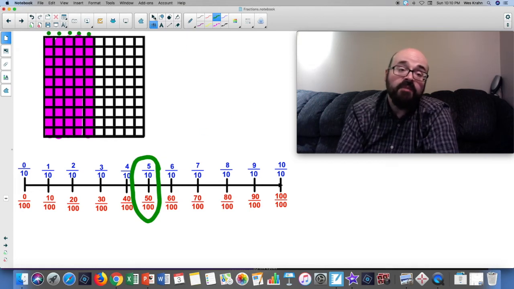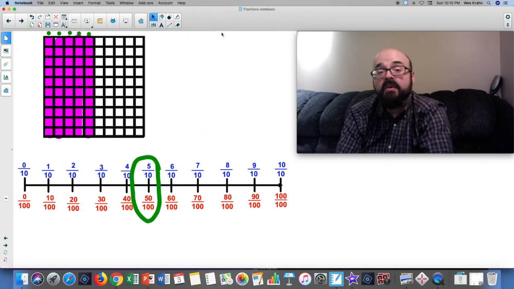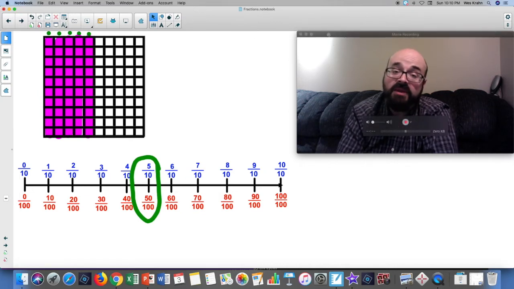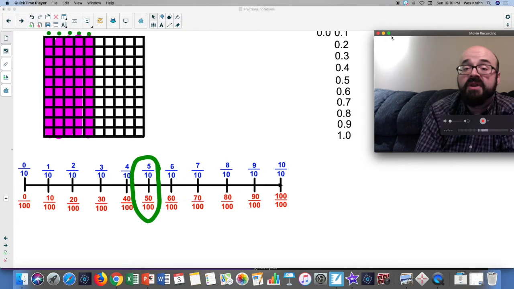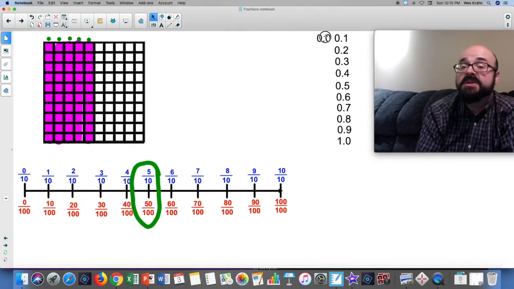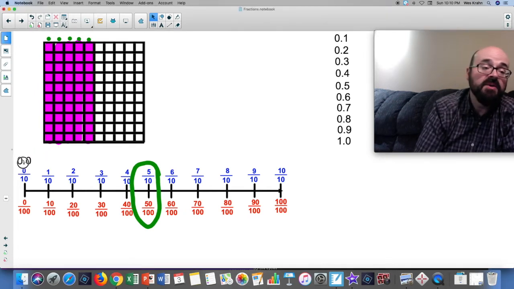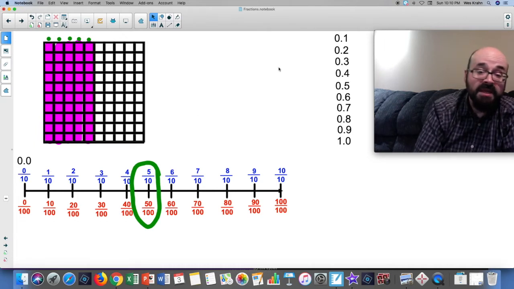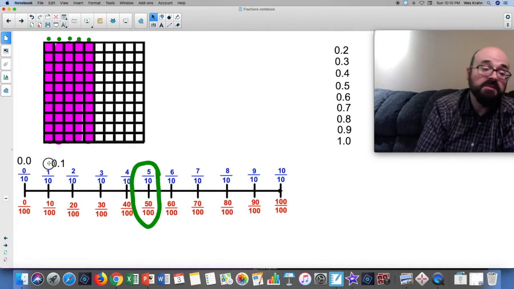Now, in a previous video, we talked about how we can represent tenths as decimals. And today what we're going to do is we're going to fill that in again. 0 tenths can be represented as 0 and 0 tenths. 1/10 can be represented in decimal form as 0 and 1/10.